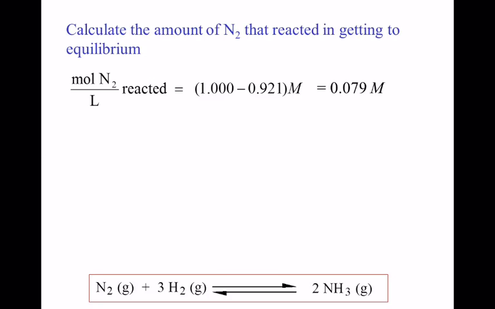And do you buy this, that for every 1 mole of this that reacts, 3 moles of this reacts? Does that make sense? 3 moles of H2 reacts for every 1 mole of N2 that reacts. We're going to use that to come up with this change.